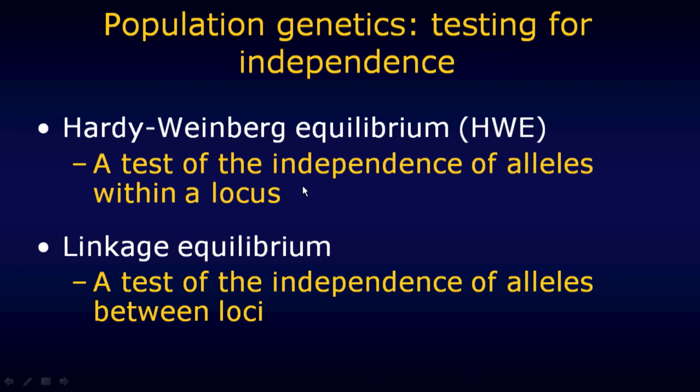And for that, again, we can perform the Hardy-Weinberg equilibrium test, and if we get a positive answer, we can come away with the understanding that it might not be unreasonable to multiply together those allele frequencies as we've been doing for the past few minutes. And just as Hardy-Weinberg equilibrium is something we look for independence within a locus, we can look to a separate test called a linkage equilibrium test to see if there's independence across loci.